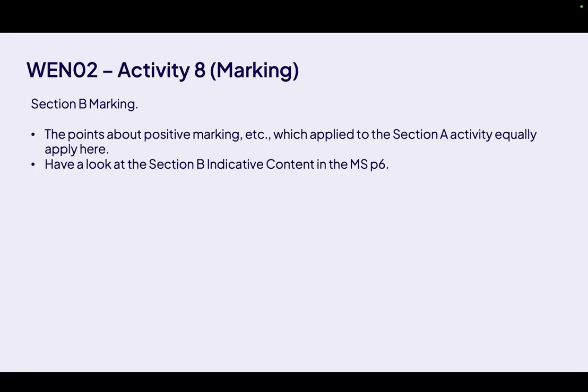It is the content which indicates where the examiners will be focusing on finding the marks, where the important information lies. So if you look at the indicative content, show it to your students and make them aware of what the examiners are looking for, the content that is important.